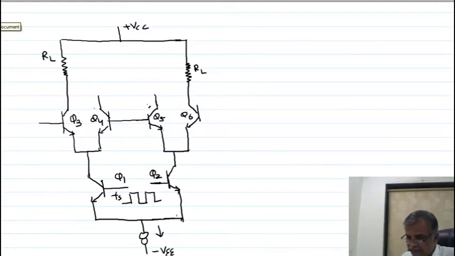Look again. The input signal is given to the base of transistor Q1 with respect to Q2 of a differential pair of the transistor Q3, Q4 and Q5, Q6.